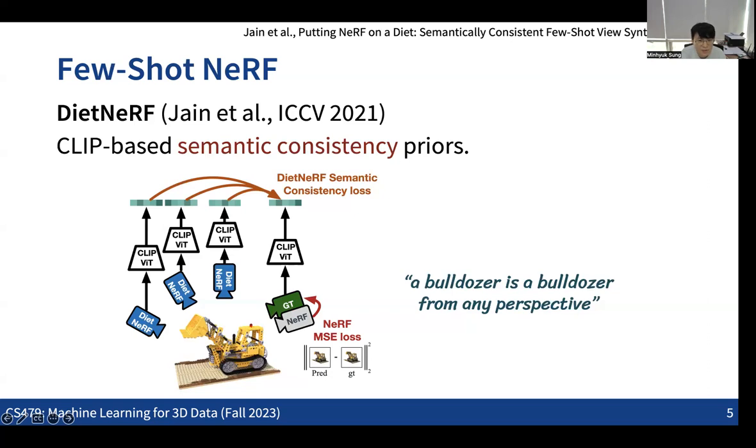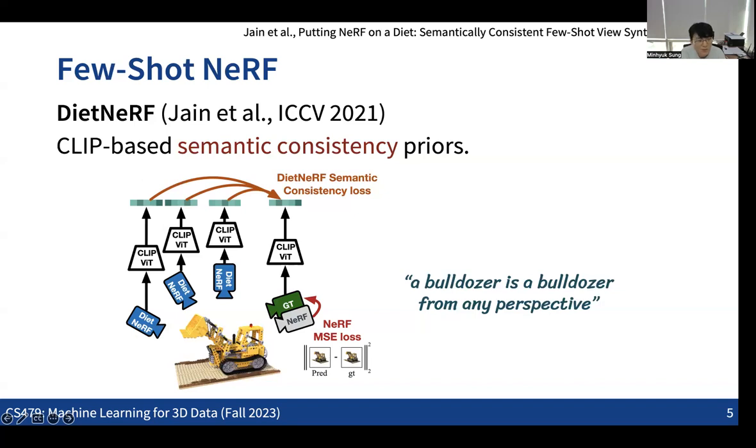Is it clear? The CLIP embedding carries semantic information, like a text description of each image. If the images are from the same object, whatever the view, if the image is a yellow bulldozer image from any view, then those images should be mapped to the same point in the CLIP embedding space.